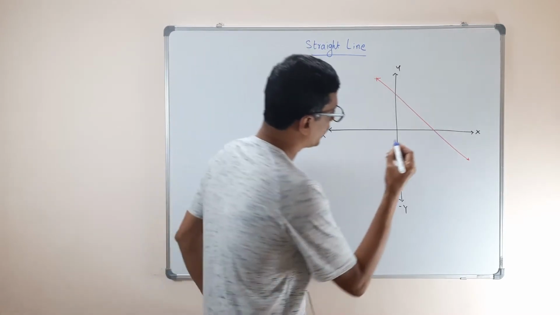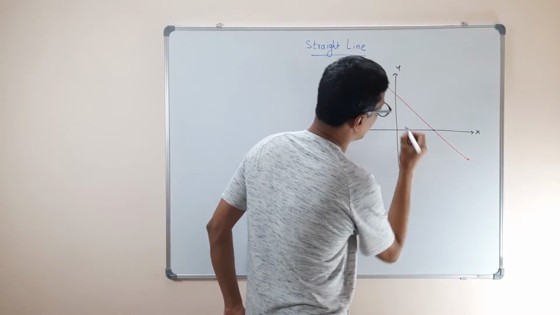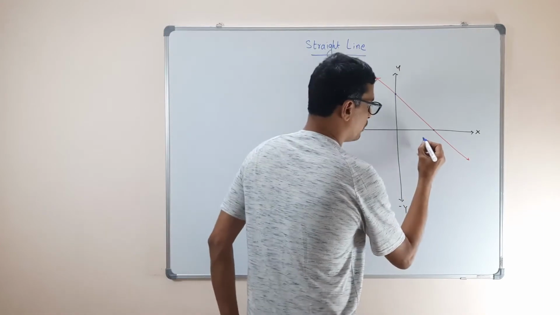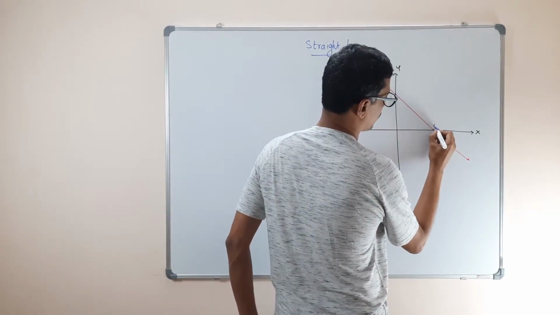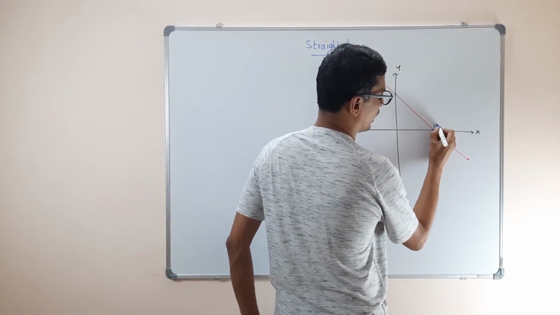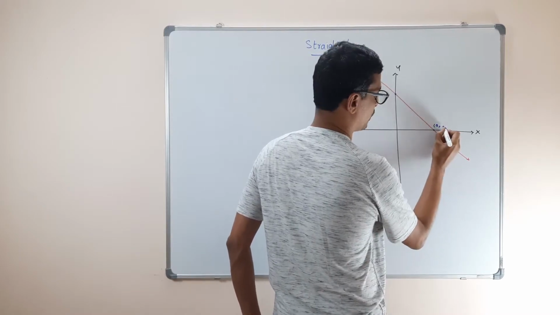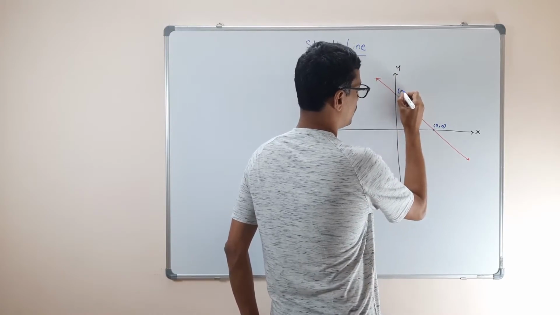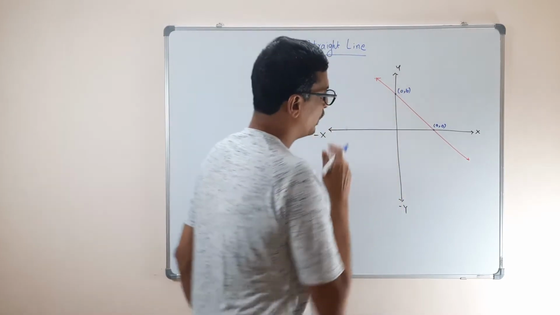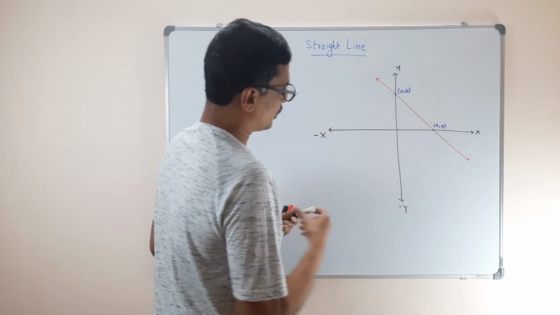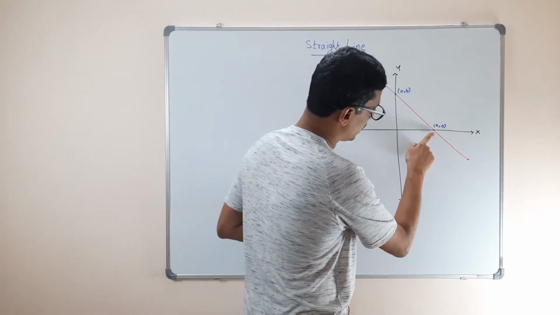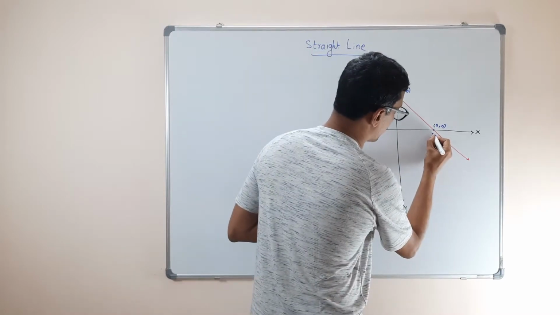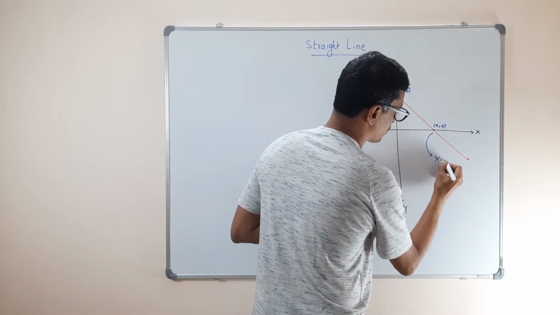You can see the line intersects the x-axis and the y-axis, right? Suppose for example this point: what will be the x-coordinate? Let us take it A, and the y-coordinate is 0, so A, comma 0. And this point will be 0, comma B. Then the terminology: the point where it intersects the x-axis is called your x-intercept.